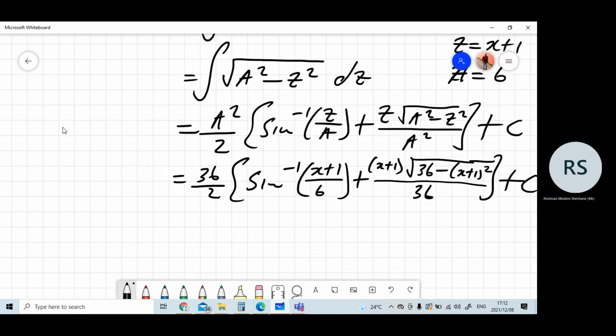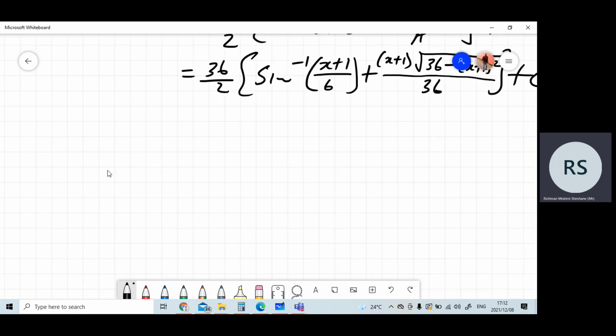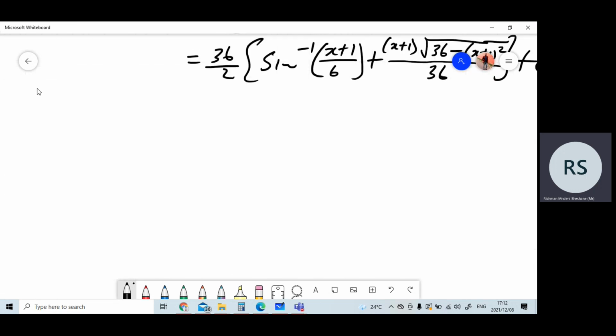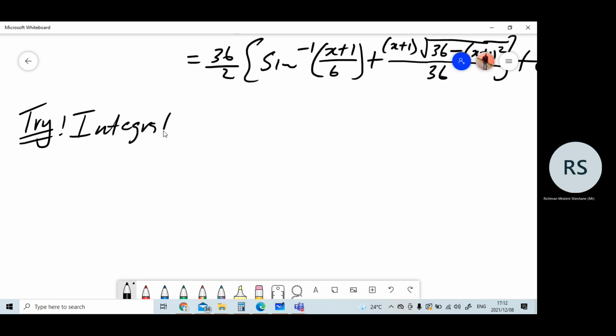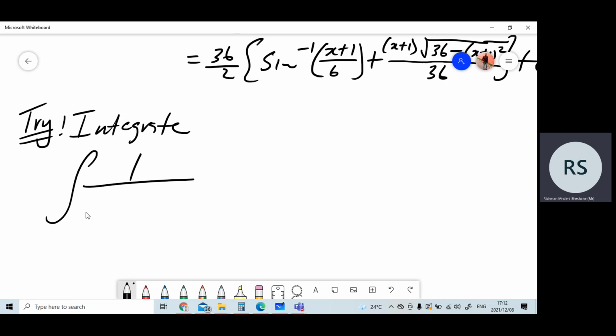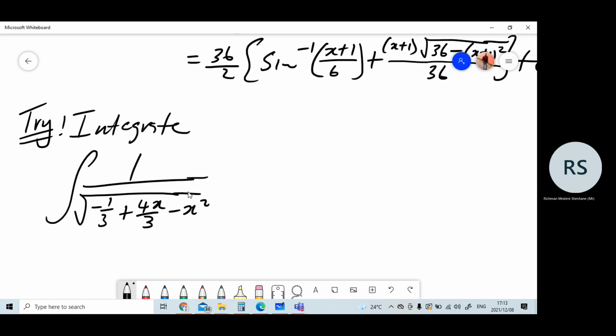I did this in class, but please, if you don't remember, try it. Integrate 1 over the square root of minus 1 over 3 plus 4x over 3 minus x squared, 30x.